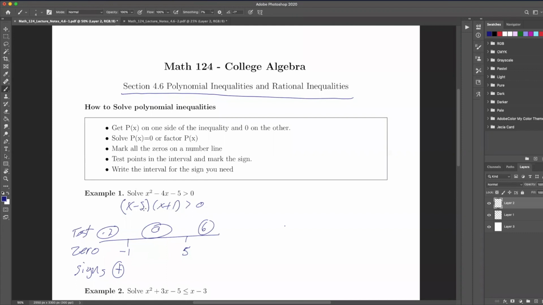Once again, all I care is the sign, and the sign is negative because I have a negative number times a positive number. So this is negative, this is positive, and so I have a negative in between. Here, if I put in a 6, this number is positive, this number is positive, so it's positive overall.